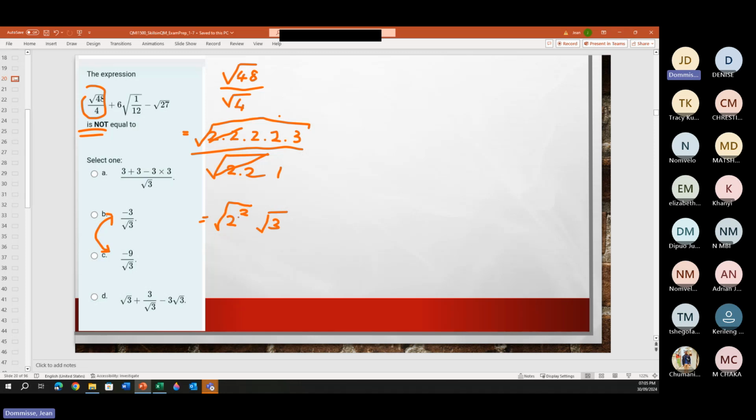If I calculate that out, 2 to the power of 2 square root, so that tells me I've got 2 to the power of square root of 3. So that's still not anywhere there. So that is that one.